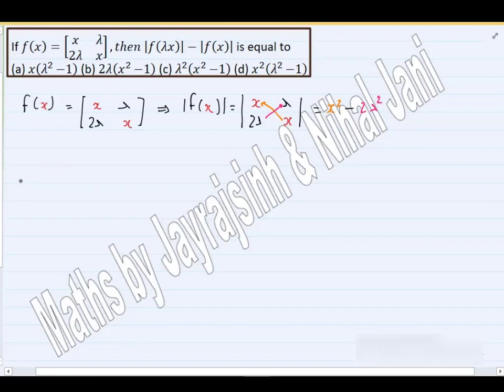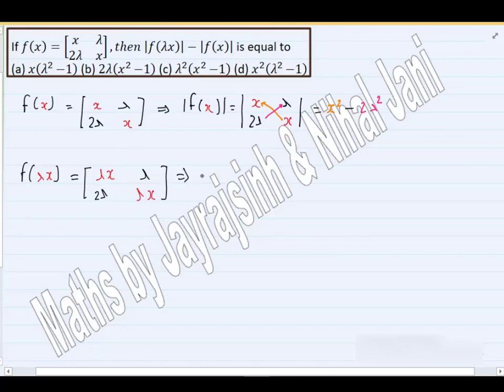Now we need f of lambda x, right? So instead of x we have to put lambda x. So here we will get lambda x, then lambda stays as it is, 2 lambda also stays as it is, and instead of x again we write lambda x.